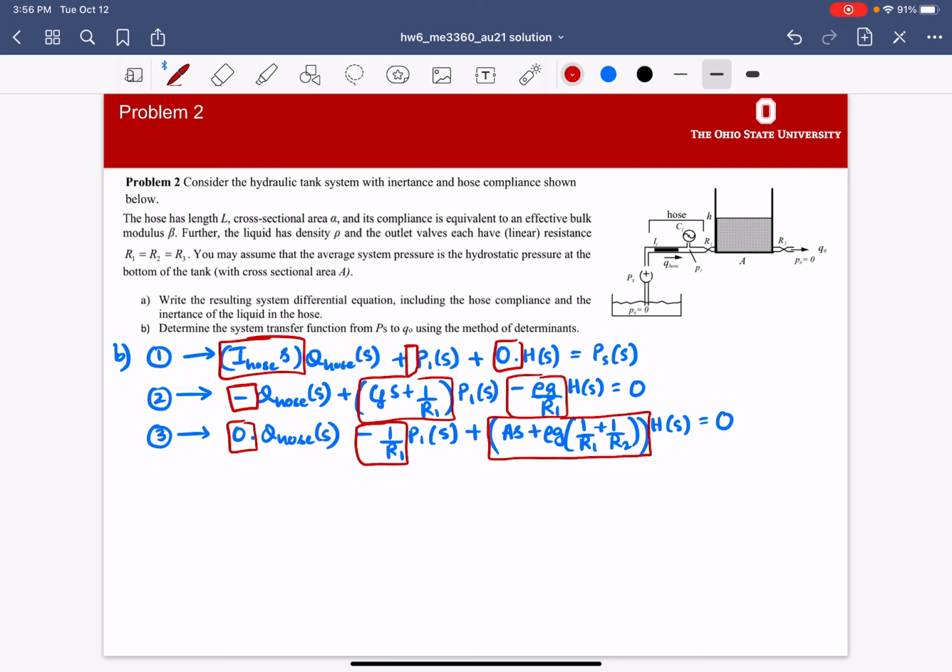So those are our 3 by 3 coefficients for our matrix. The 3 variables are Q hose, P1, HS, and on our right hand side we have P1, 0, 0. So our coefficient matrix would then now look something like this.